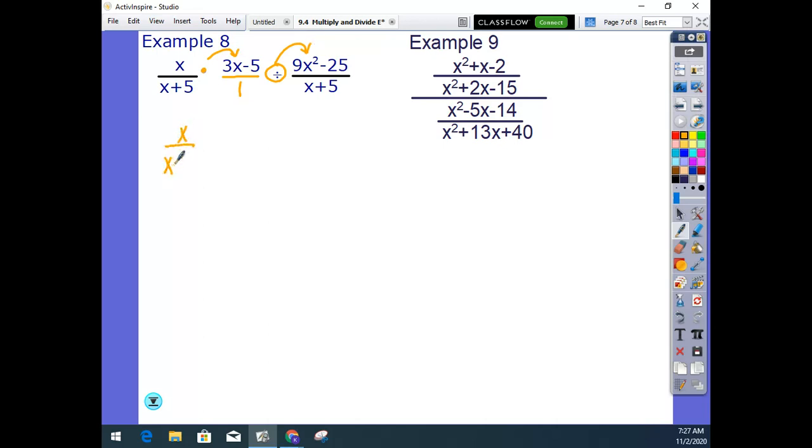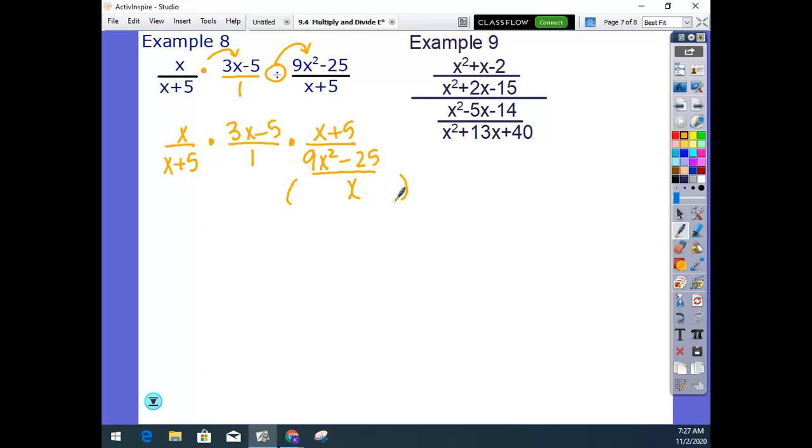So I'm going to bring down the first fraction, keep the multiply, and change the divide to multiply by the reciprocal. Then this is the only piece that we need to factor.